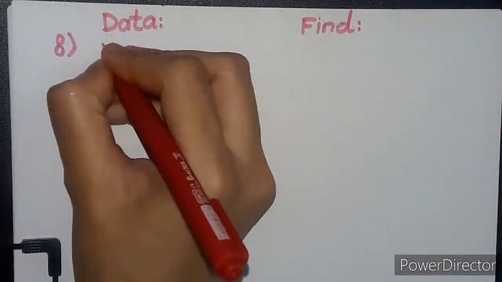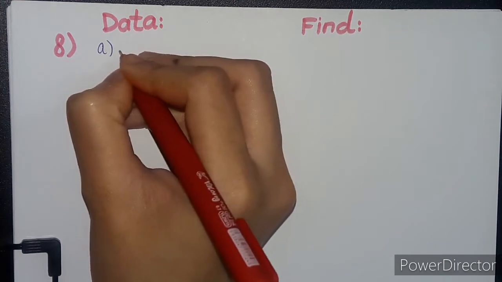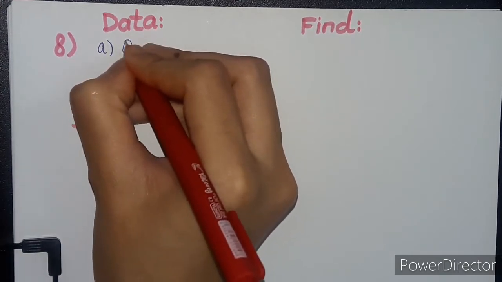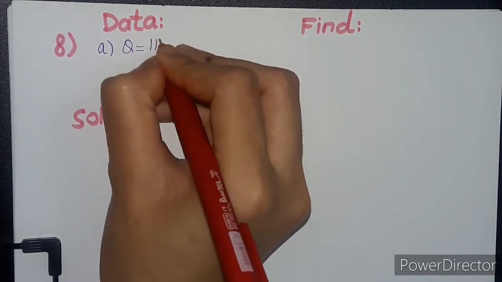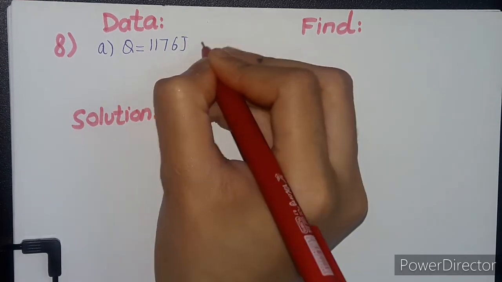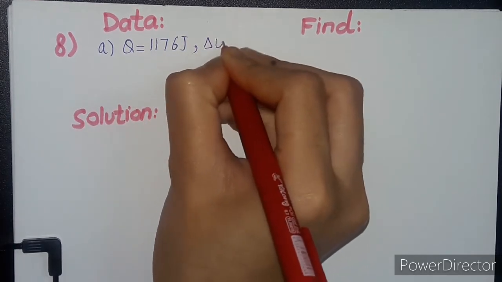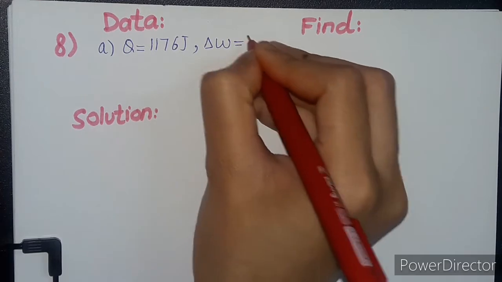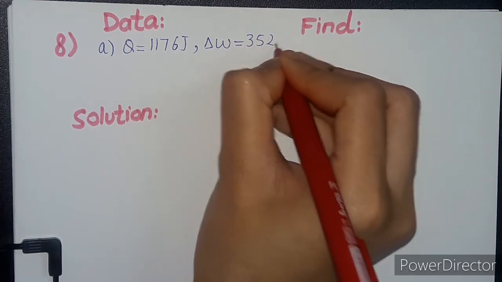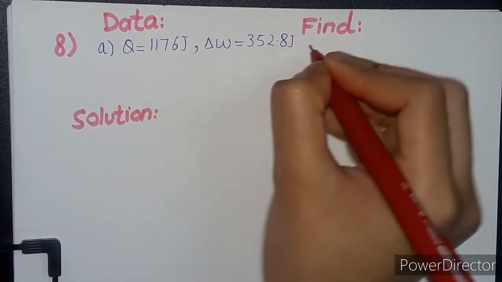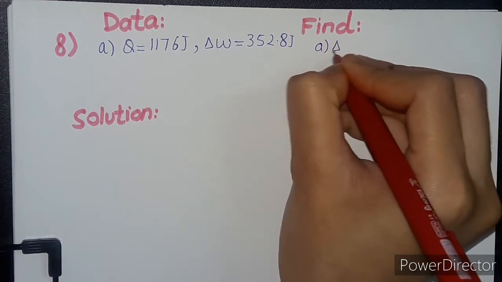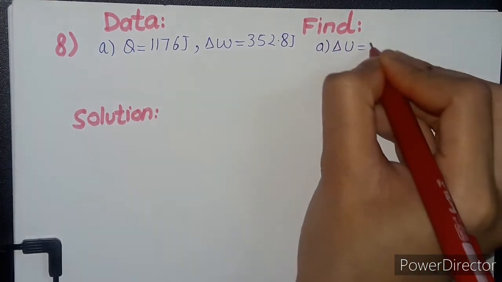So solve this numerical like this. In part A, we are given the heat, Q value is 1176 joule, and the work done, which has a value of 352.8 joule. In the first part we have to find the internal energy.